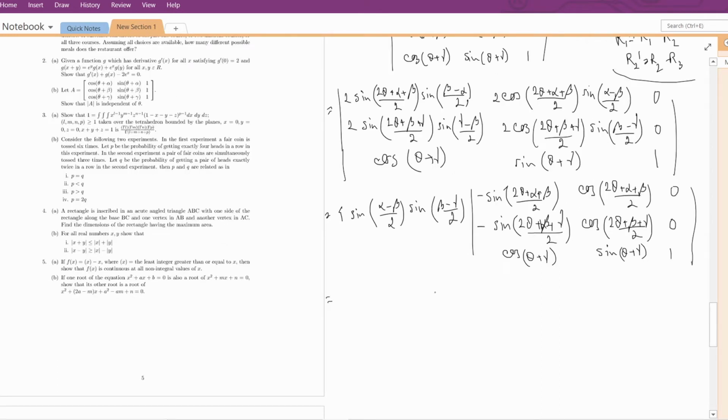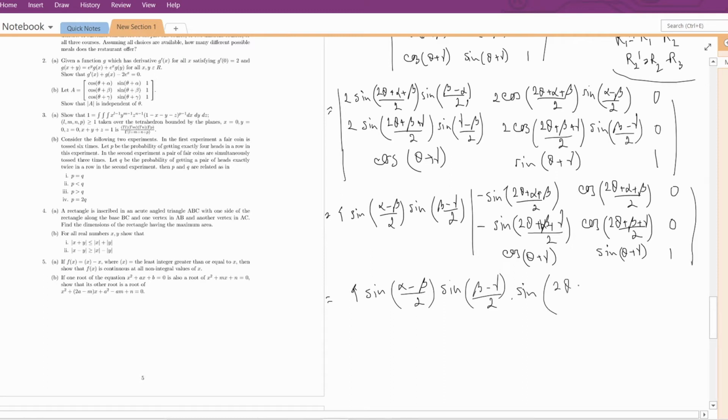Now if we expand this determinant with respect to this third column, then we will get 4 sine alpha minus beta by 2 sine beta minus gamma by 2 into, this will be sine 2 theta plus beta plus gamma by 2 into cos 2 theta plus alpha plus beta by 2 minus sine 2 theta plus alpha plus beta by 2 into cos 2 theta plus beta plus gamma by 2, which is sine of 2 theta plus beta plus gamma by 2 minus 2 theta plus alpha plus beta by 2, which is 4 sine alpha minus beta by 2 sine beta minus gamma by 2, and this is sine gamma minus alpha by 2.